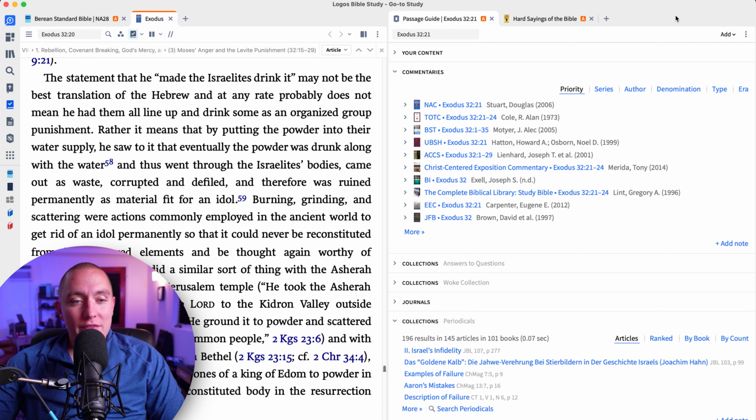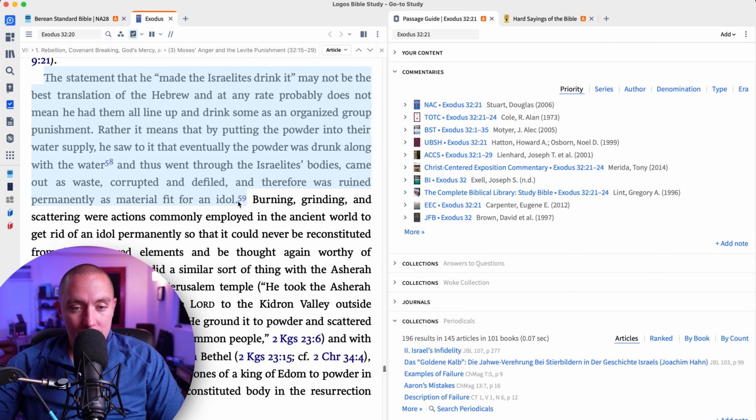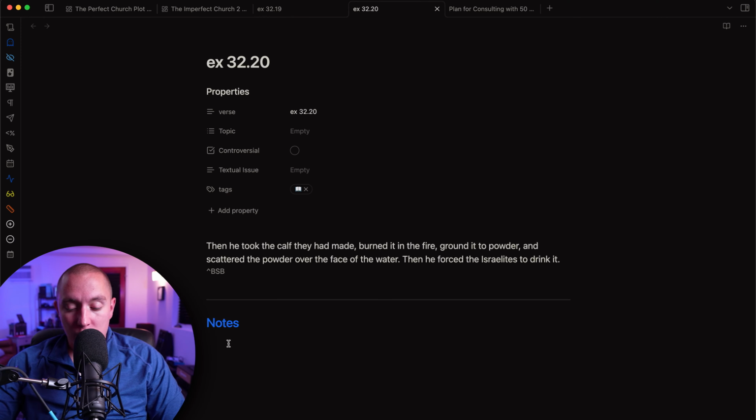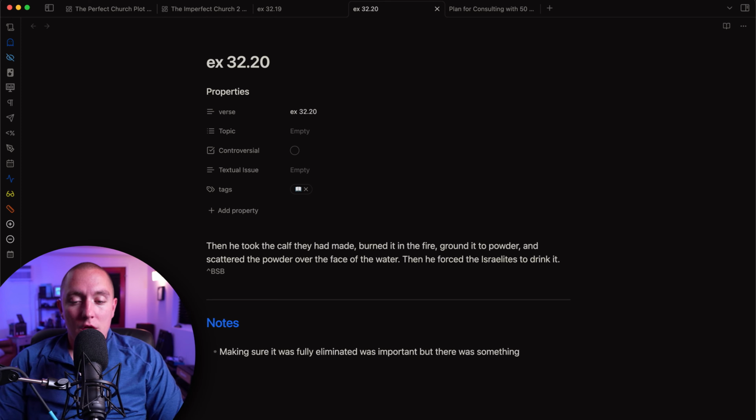Wow. That is so vivid to me. The idea of taking the false god, and you're not just eliminating it, right? Like that was a principal part, making sure it was fully eliminated. Making sure it was fully, we're going to write this down, fully eliminated was important, but there was something symbolic that was probably happening as well.